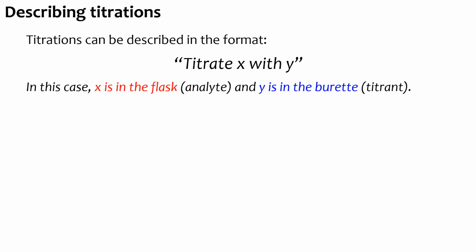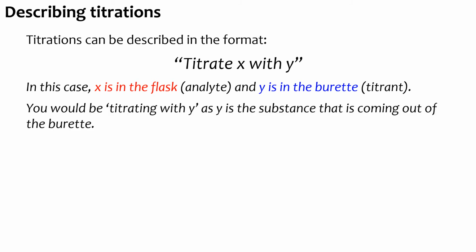In this case, X is in the flask, the analyte, and Y is in the burette, the titrant. You would be titrating with Y, because Y is the substance that's coming out of the burette. It would be Y that would be the titrant, it would be Y that would produce the titre, the volume coming out of the burette. So when you're titrating with Y, you're physically turning the tap and allowing Y to come out of the burette.